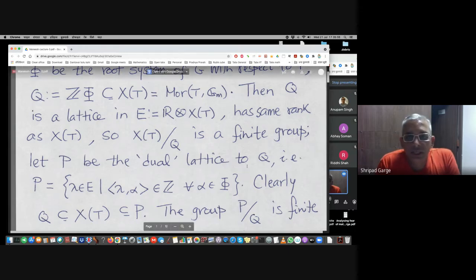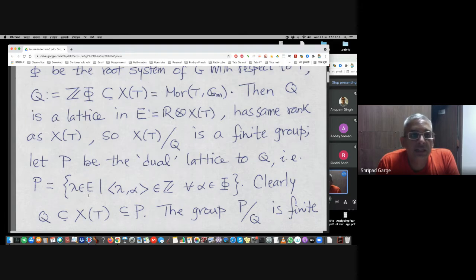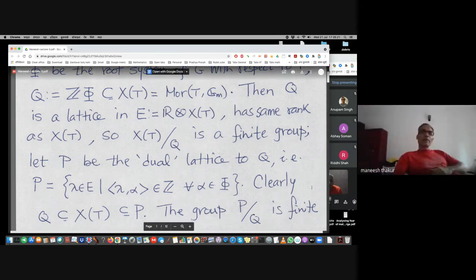So this is the lattice dual to Q, which means that you are collecting all vectors in the vector space E such that <lambda, alpha> is an integer for every root alpha. So this angular bracket is the same angular bracket we had defined before. So it is the usual inner product of lambda, twice that, divided by (alpha, alpha).